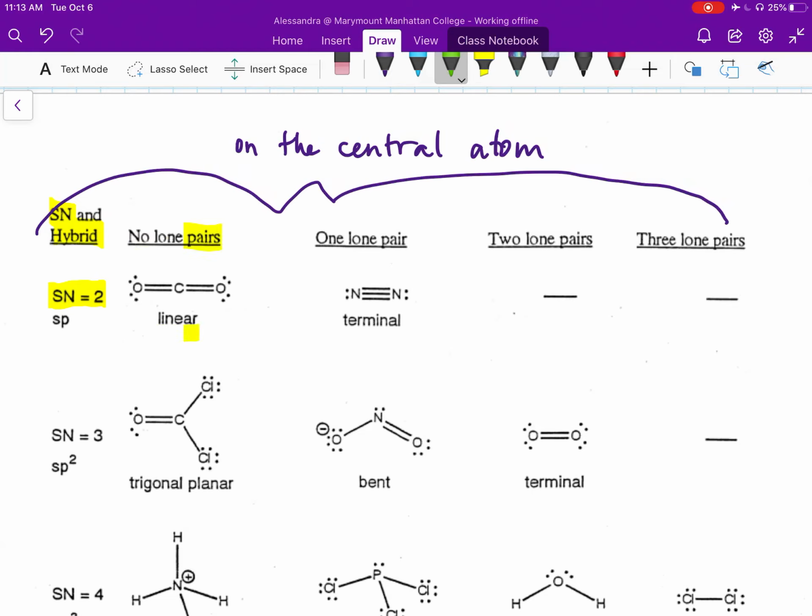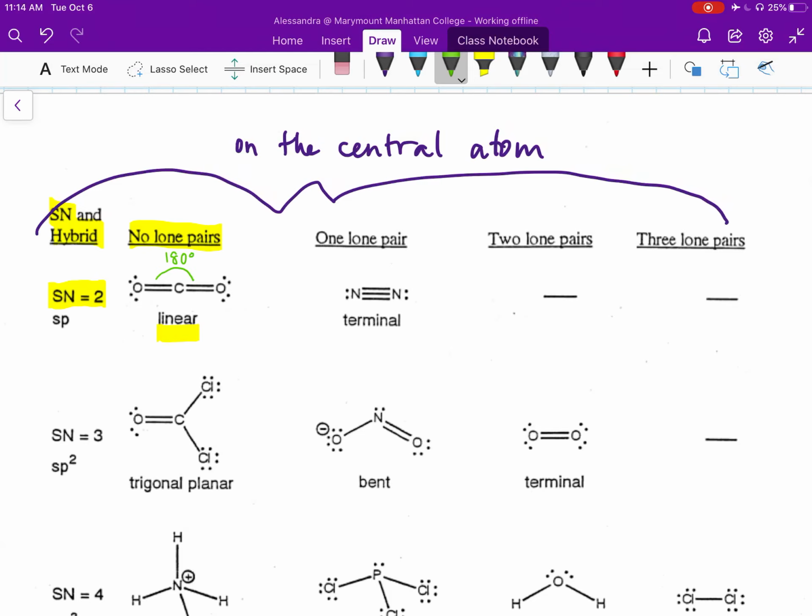And what that means is that the electrons involved in these two double bonds want to be as far apart from each other as they can be in space. And you can't get any further apart for two sets of electrons, two regions of electron density, than 180 degrees. So they want to be 180 degrees from each other around that central atom, as far apart as they can be. And this results in a linear geometry.